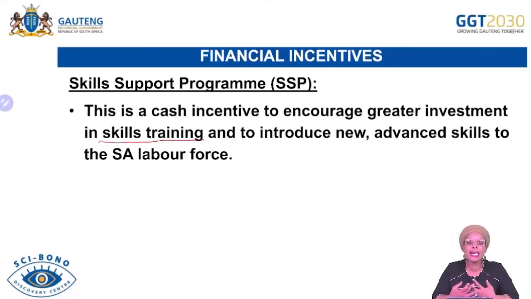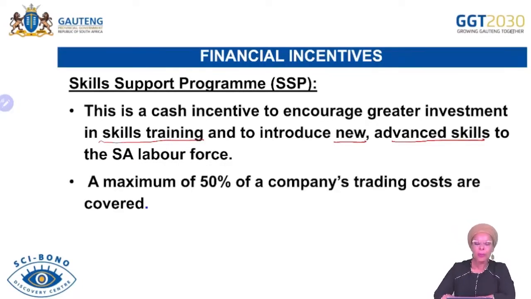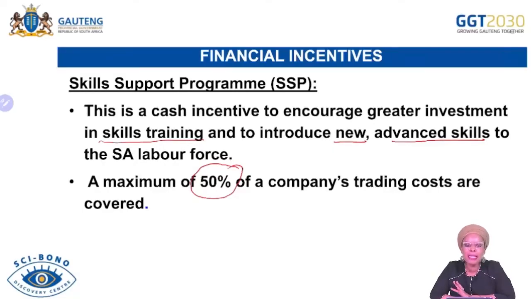Instead of structurally making people unemployed, people can be trained so that they can acquire new advanced skills. And it is mainly for the South African labor force. But this particular grant only covers a maximum of 50% of the training cost. So meaning that the government through the DTIC will only be able to pay 50% of the cost of training the labor force in that particular industry.